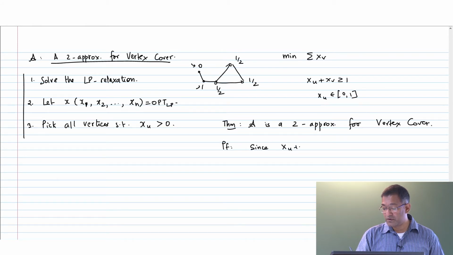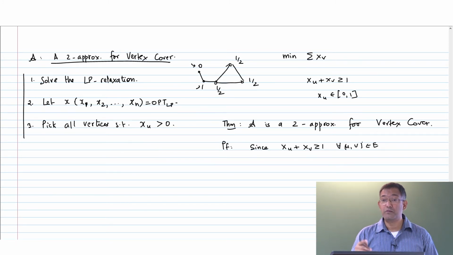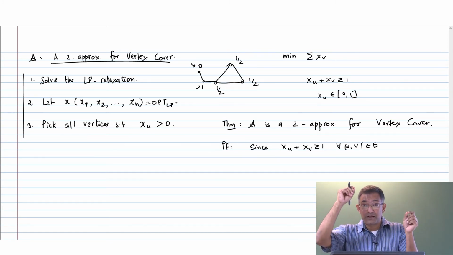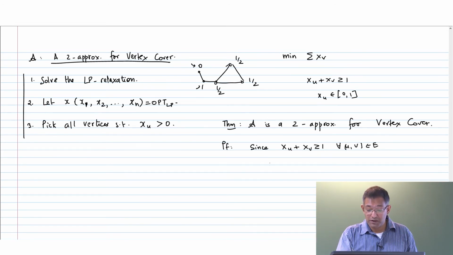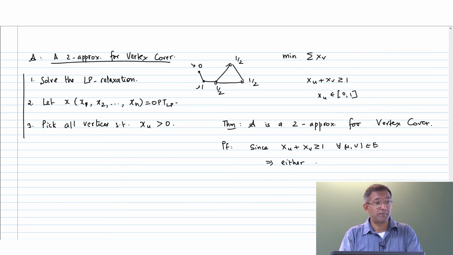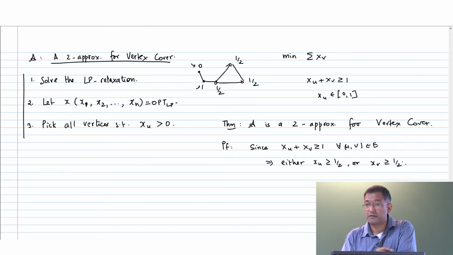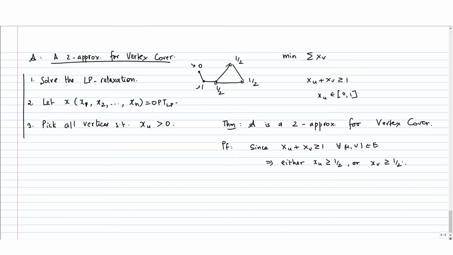Since XU plus XV is at least 1 for every edge, the sum of the 2 endpoints is at least 1. This implies what? One of these values should be at least half, right?